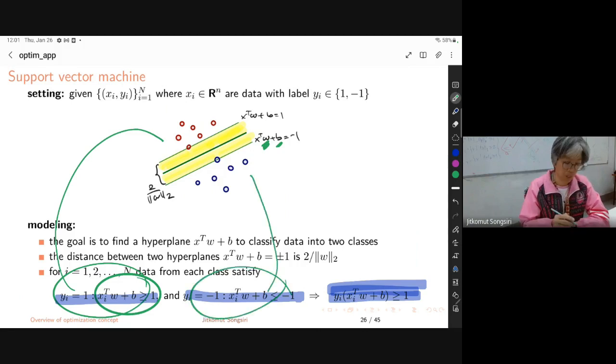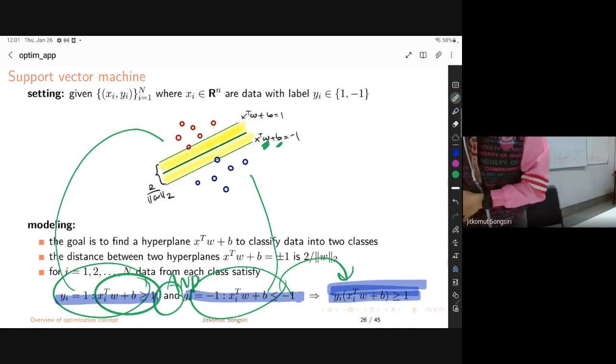Because the class label is 1 and minus 1, these two inequalities are related by "and". Because y is either 1 or minus 1, you can combine them into a single inequality constraint. Please check whether this single one is equivalent to the two.